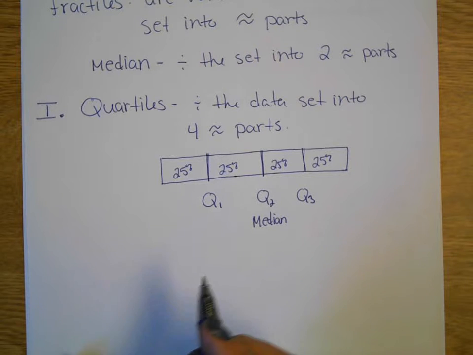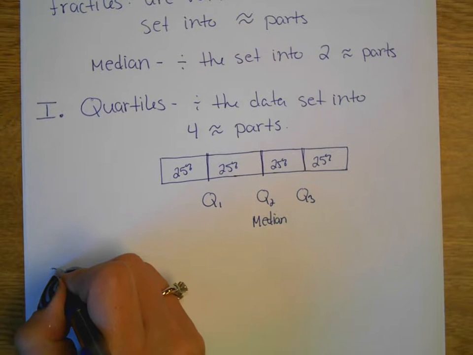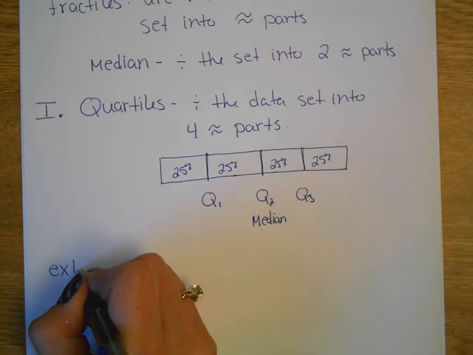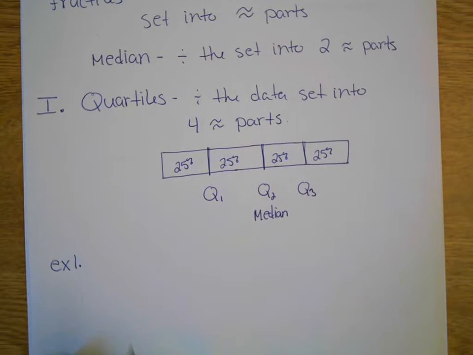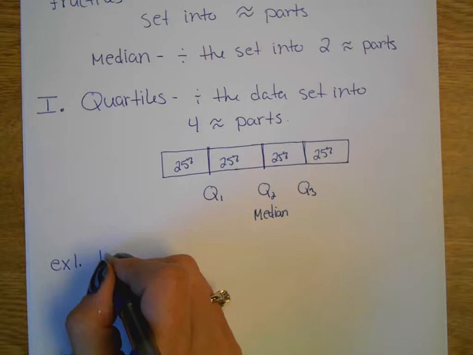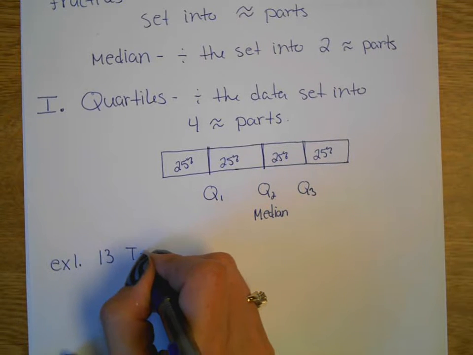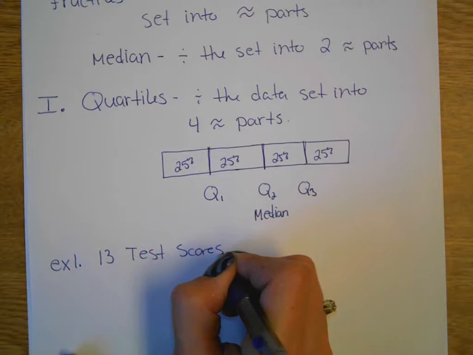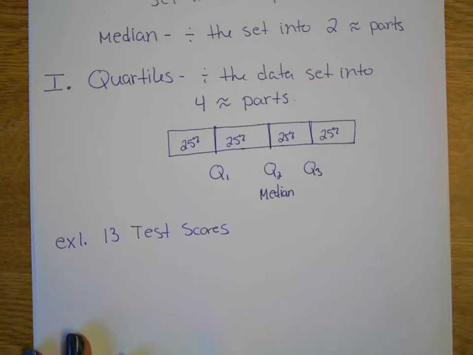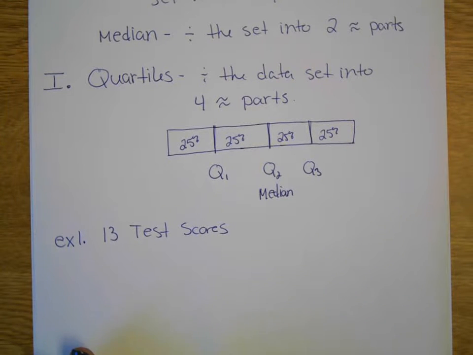So let's go. I'm going to give you 13 test scores. I'm going to give them to you in order, from the smallest to biggest, and when you're ready, I'm just going to read them.